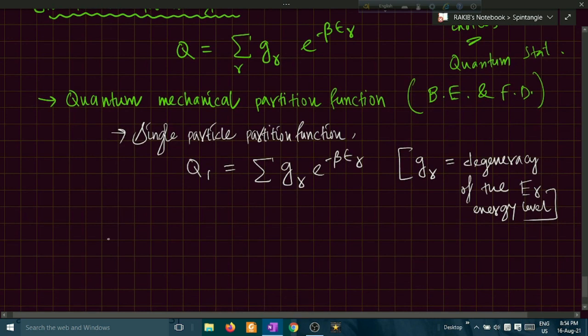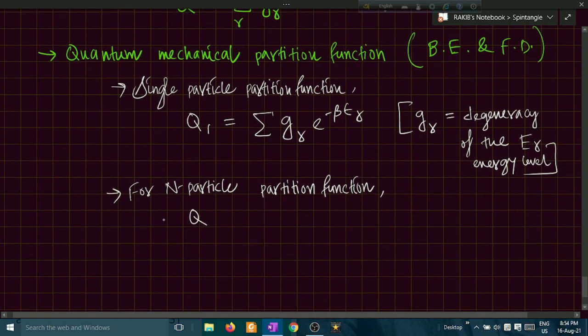Now for n particle partition function, say it is written like this, qn is what, that the partition functions are some kind of multiplicative in nature.